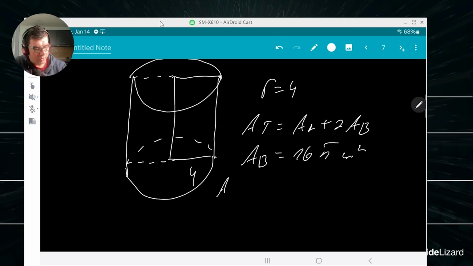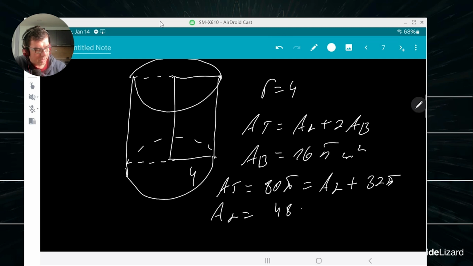So the total area is 80 pi, and that equals the lateral area plus 32 pi. So the lateral area is 80 minus 32, which is 48 pi, and this equals 2 pi times 4 times h, right?